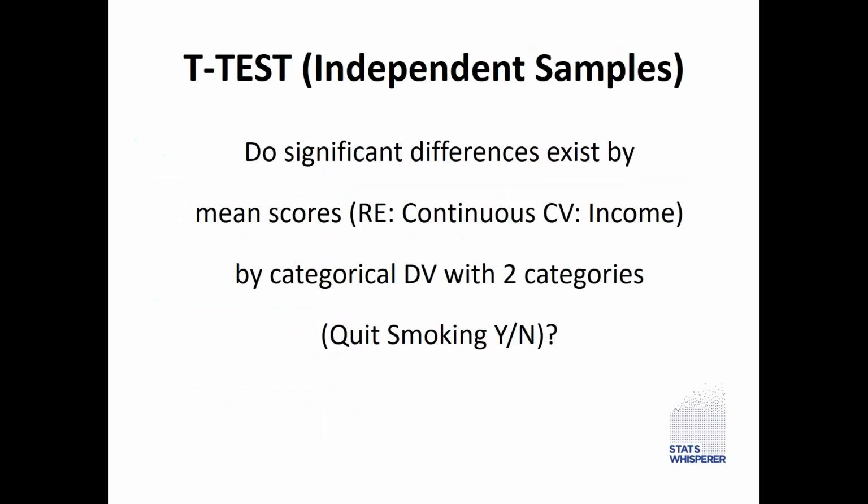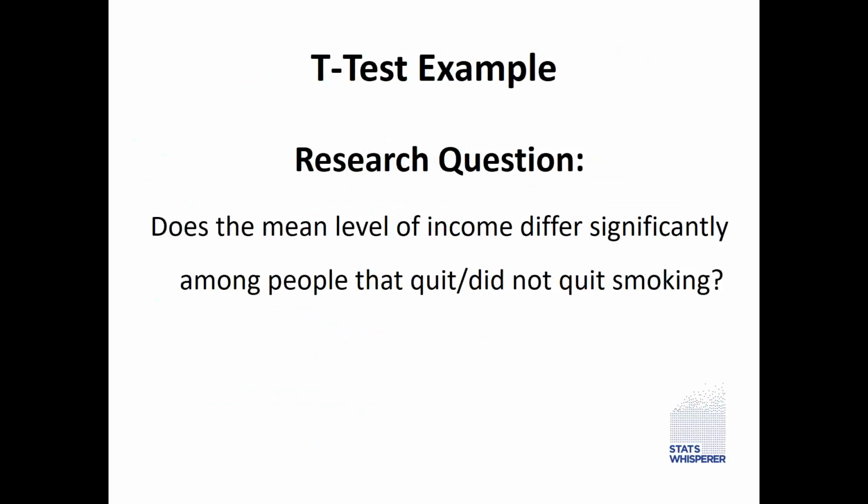What we're looking at is, do significant differences exist by mean scores of the continuous variable, income, within the two categories of the categorical variable, quitting smoking, yes, no? So for our study, does the mean level of income differ significantly among people that quit and did not quit smoking?